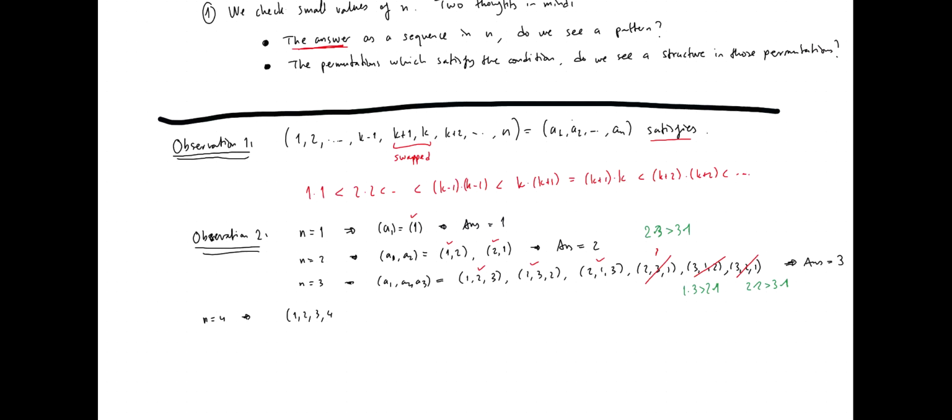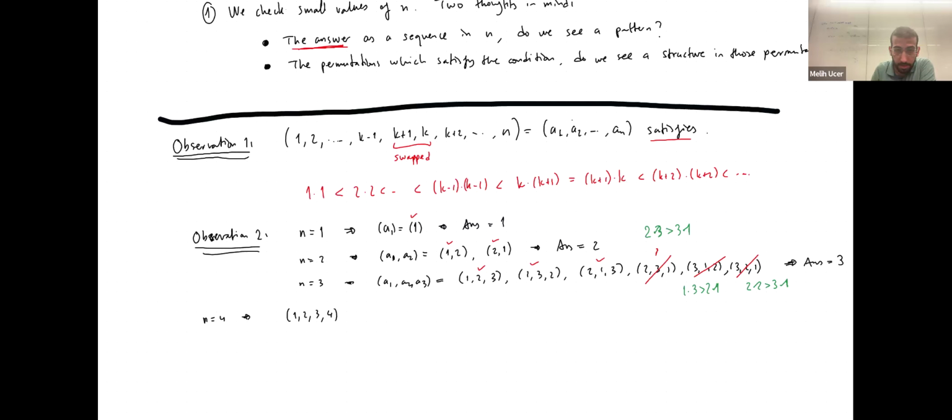There are these ones that Kerem has generated. So we can also swap these two, right? Yeah. 1, 3, 2, 4, and 2, 1, 3, 4. Okay. What else?